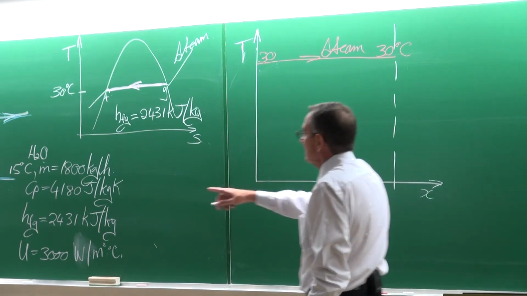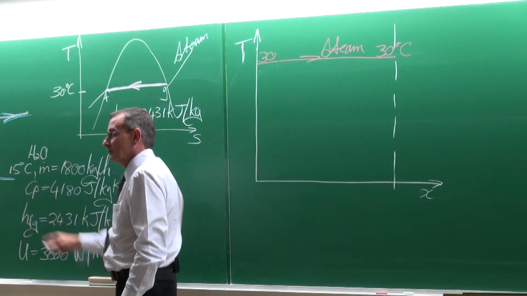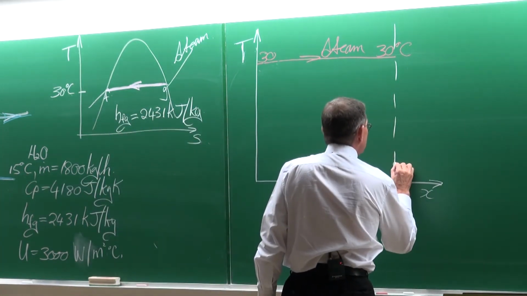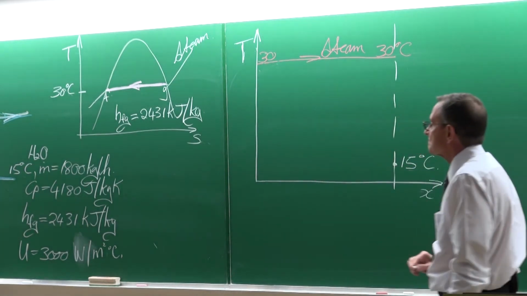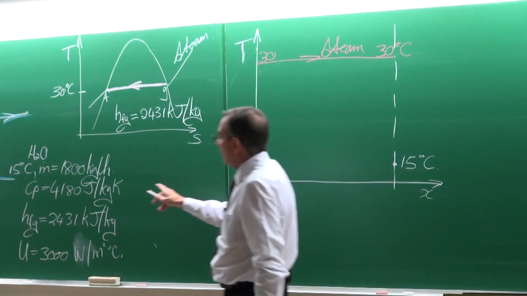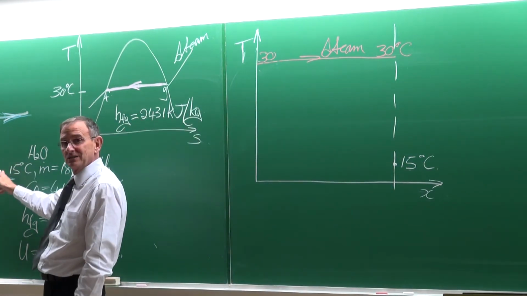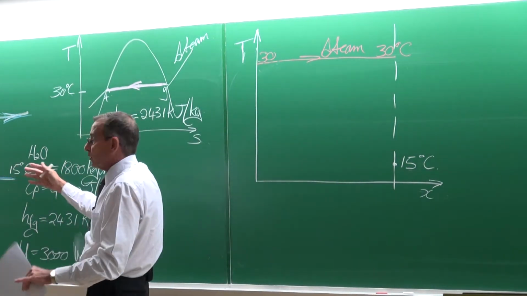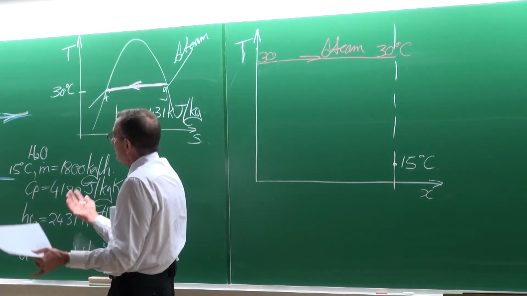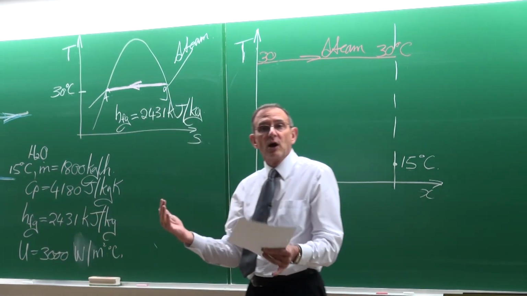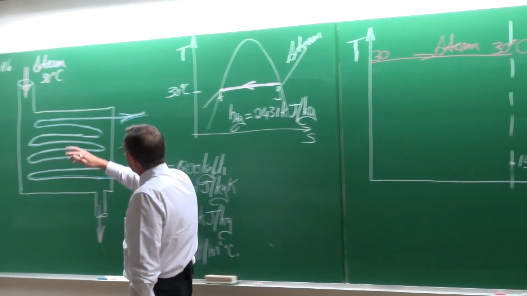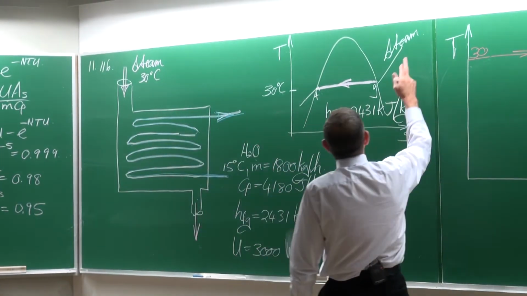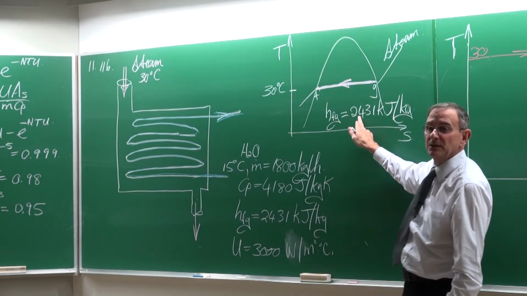The water enters at 15 degrees Celsius. We don't have the outlet water temperature. Now, look at this problem and try to figure out how are we going to start this problem. From the steam, we've got its temperature and we've got HFG.